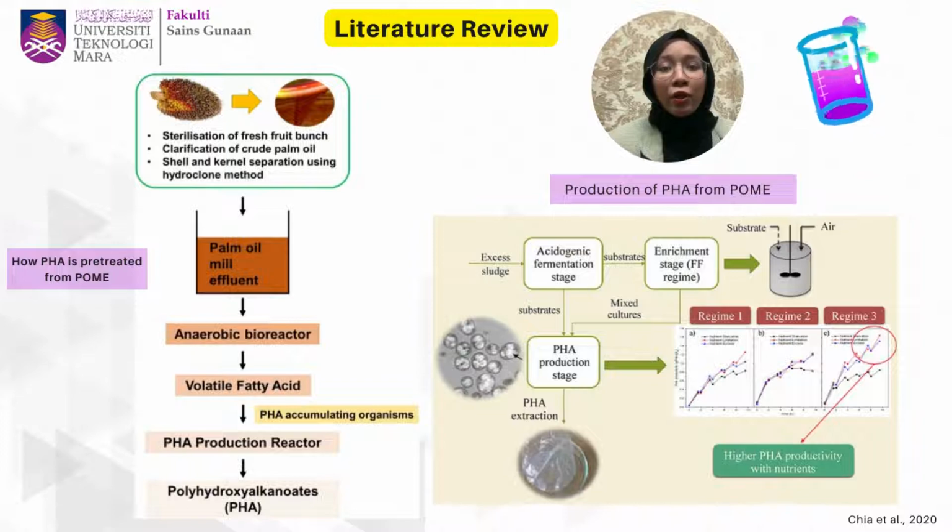Then, PHA accumulates in high quantity with the help of the PHA production reactor. Also, another flowchart shows excess sludge undergoing fed-batch fermentation in order to produce PHA for extraction. Nutrients have an impact on higher PHA productivity level.